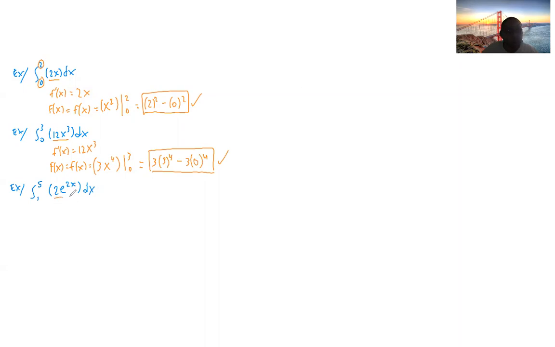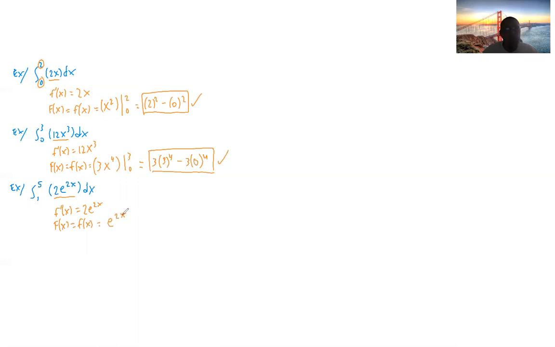One more time, we are given our f prime x, right, which is 2e to the 2x, and we're going to ask what is the original function, big F of x, that we needed to take the derivative of in order to get this f prime of x. So what is the original F of x? And we said that that was going to be e to the 2x.